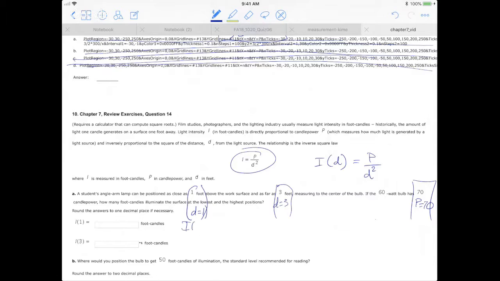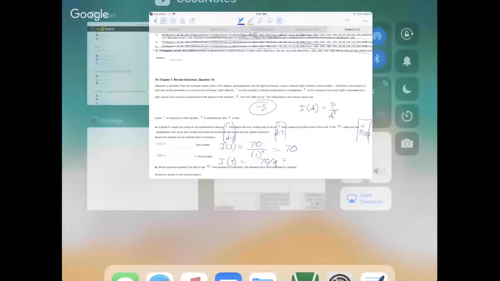So what is I of 1? That's going to be 70 divided by distance 1 squared, or just 70. What's I of 3? I'll just plug in 3 for D. 70 divided by 9, so 3 squared. Oh, I don't know what that is.